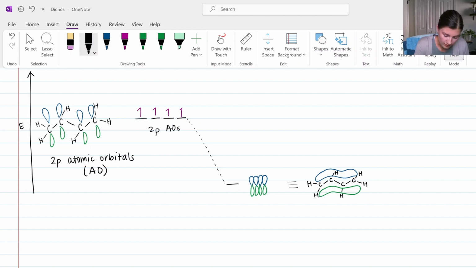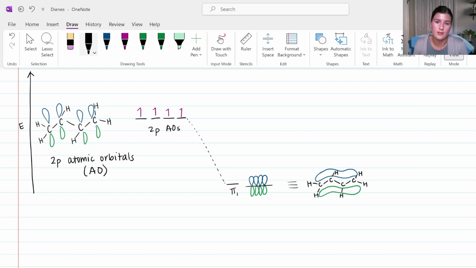So this we'll call the pi 1 molecular orbital. The lowest energy, has the best overlap. One thing that it does have is a node, and that is an area where no electrons can exist. There is one node that just goes across the center. And that's always going to be present in any p orbital.